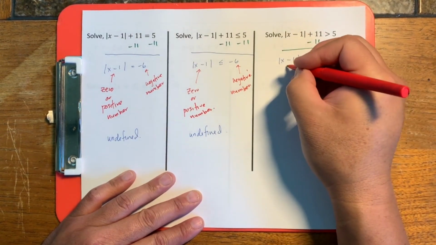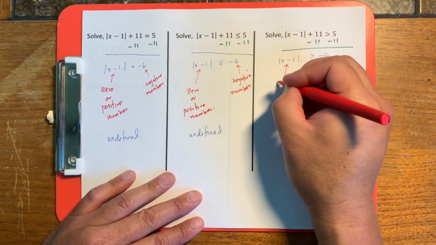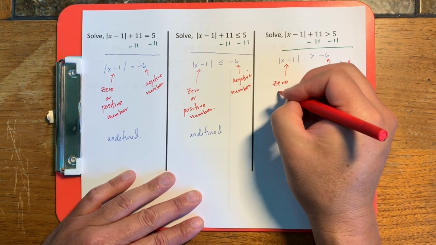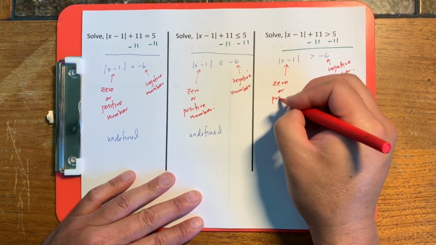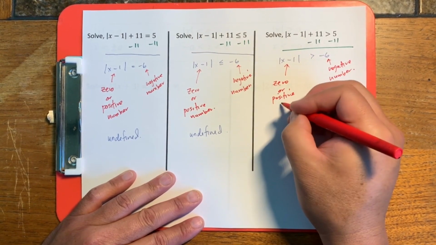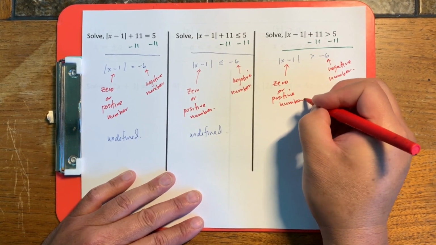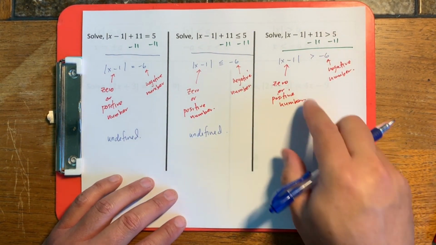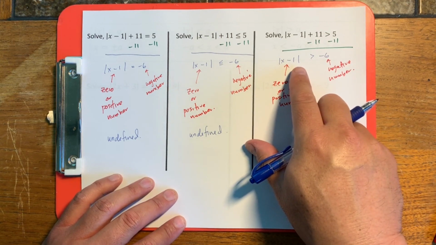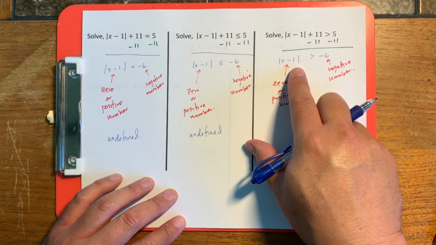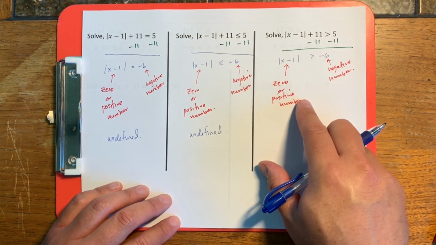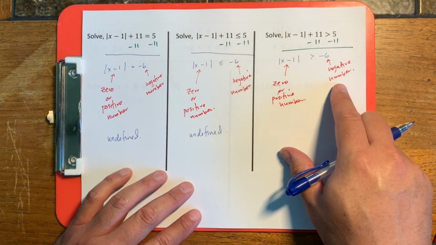And over here, since this is an absolute value, this is a 0 or a positive number. So we want to know, can a positive number be greater than a negative number? And the answer is yes. 0 or a positive number is always going to be bigger than a negative number.